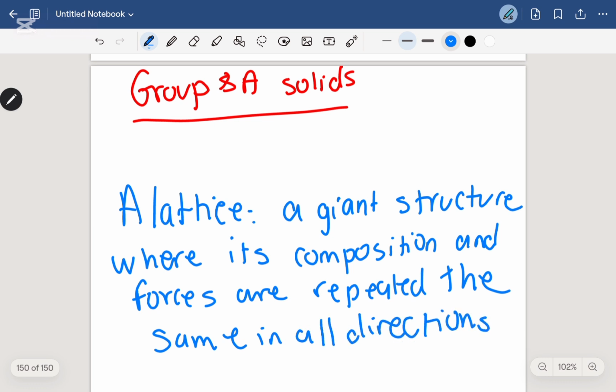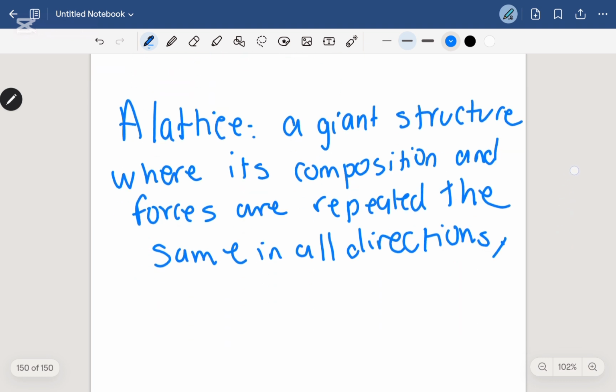So a lattice is a giant structure where its composition, meaning the molecules or atoms, are repeated, and the forces between these atoms and molecules are repeated the same in all directions, okay? And these forces form what?